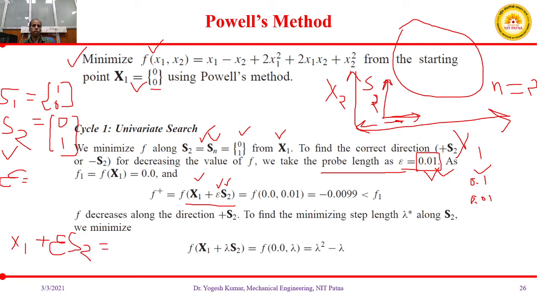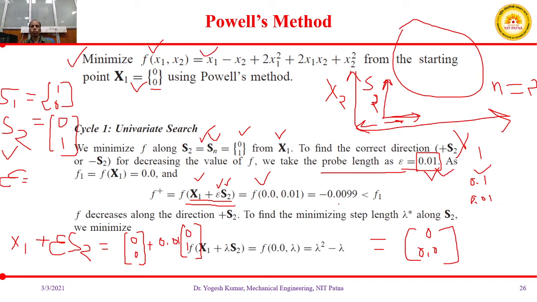Here x1 is (0, 0), epsilon is 0.1, and your search direction is (0, 1). If you solve it, it will come around (0, 0.1).